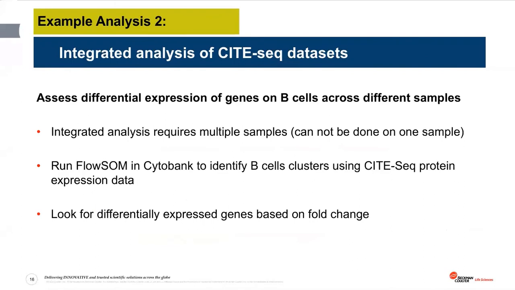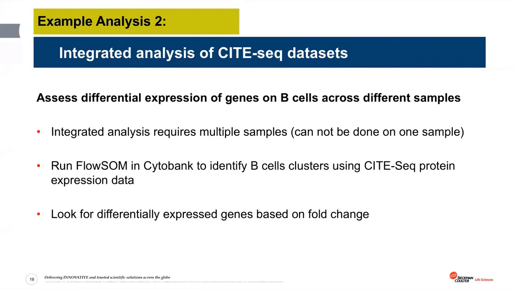The first two analyses apply a machine learning algorithm to either the RNA-seq or the protein expression data first, and then use the other piece of information to validate your results. Here, you also can do some kind of integrated analysis with your CITE-seq data.